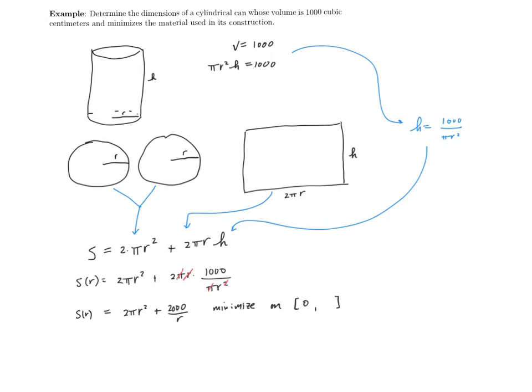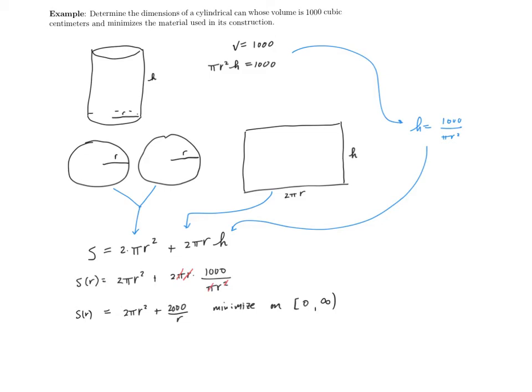And in terms of what bounds it above, well, if the height is really small, the radius would have to grow really large. So it turns out there's no single value that we can bound it by above, but really any positive quantity could represent that radius. So we need to minimize on this interval from 0 to infinity.